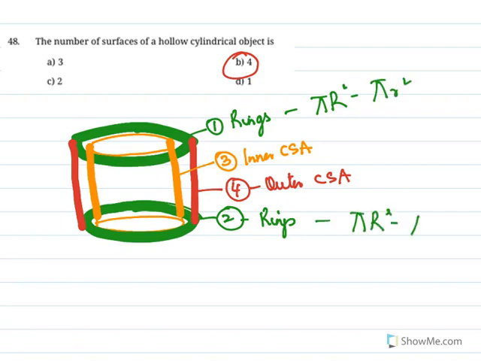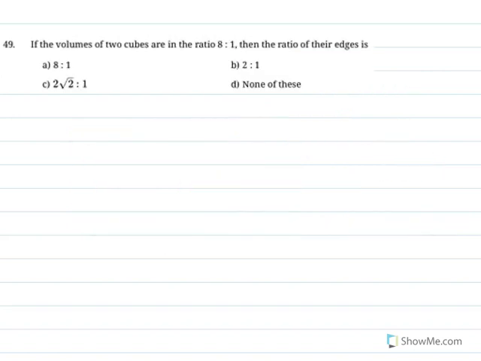This ring also will be pi r square minus pi r square. The CSA will be 2 pi r h, and this is the inner CSA, so it will be 2 pi small r h. And here will be 2 pi r h.